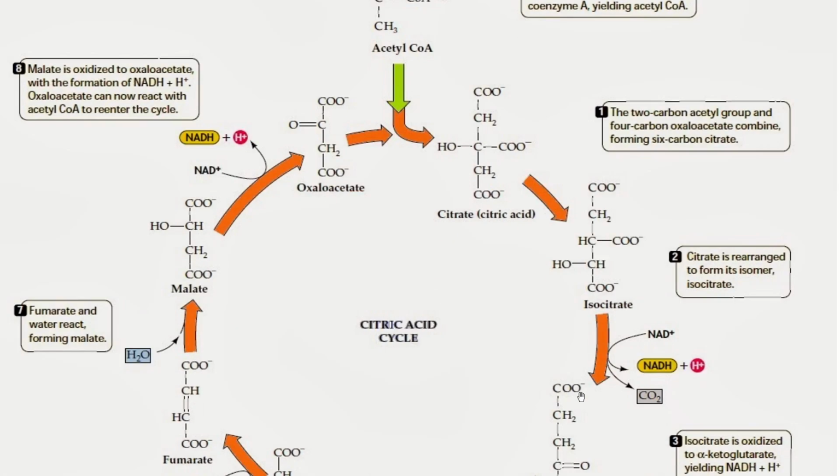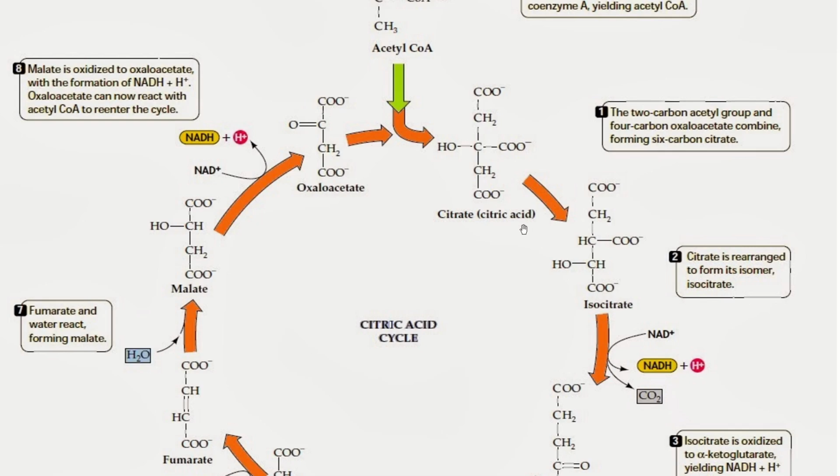Now, this acetyl coenzyme A, the 2-carbon acetyl group, and the 4-carbon oxaloacetate from the previous substrate at the end of this particular cycle combine to form citric acid, which is a 6-carbon molecule.